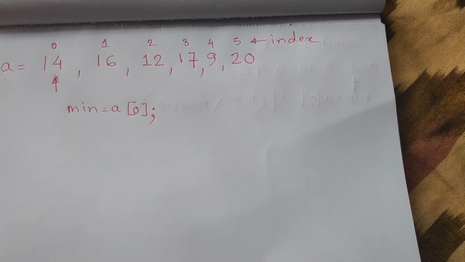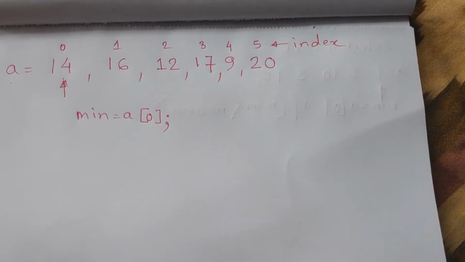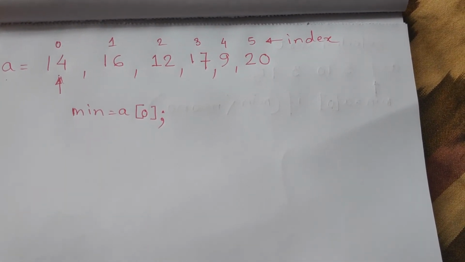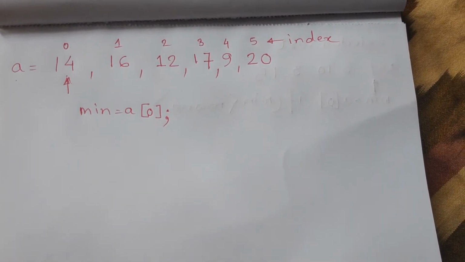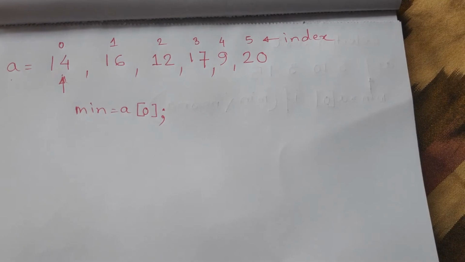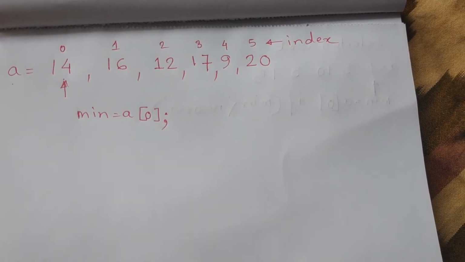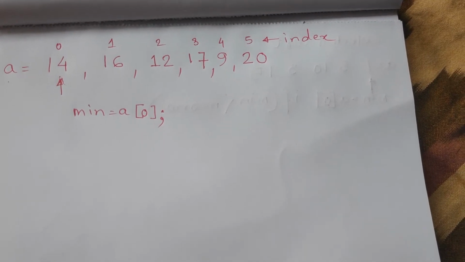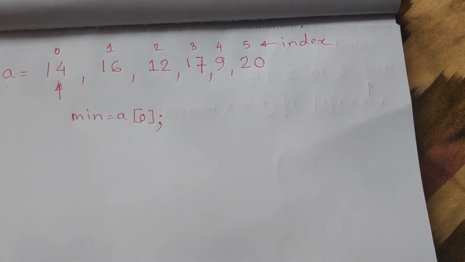We are initializing minimum with the 0th element of the array, and on that basis we will go on comparing through the array. It is not necessary at this initial state, and it will never be in most of the cases, that the first number will be the minimum number.